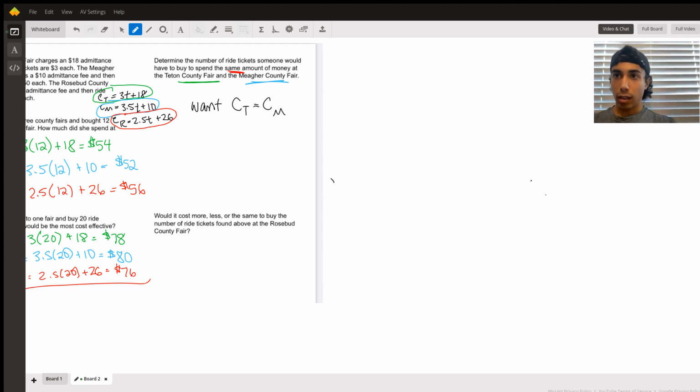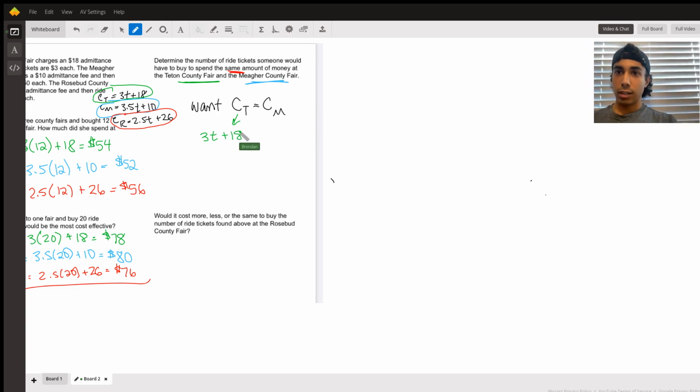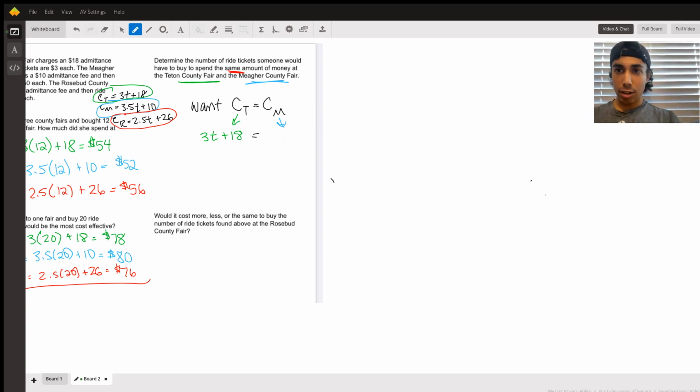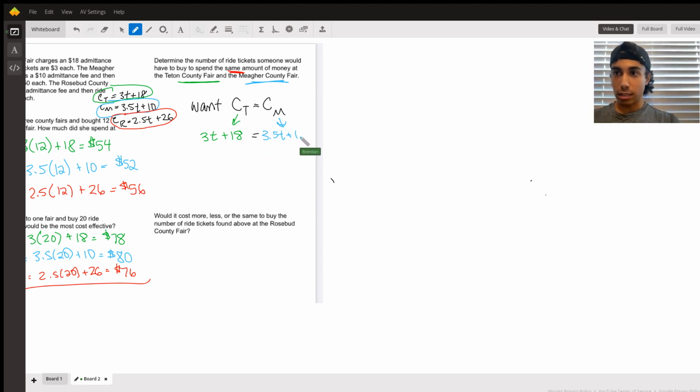As we already know, the cost of Teton is 3 times the number of tickets plus 18, right? The cost to get in. And that needs to be equal to the cost of Meager, which we already know is 3.5 times the number of tickets plus 10.